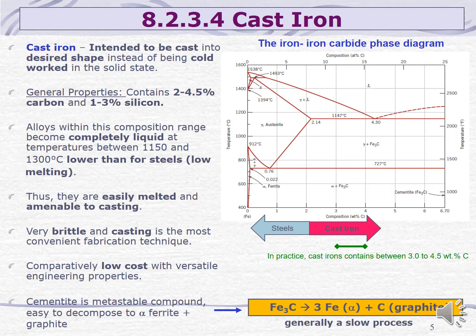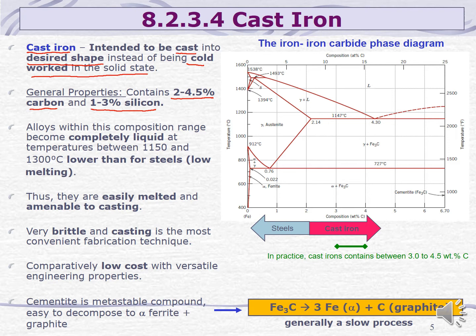Cast iron is the alloys which can be cast into desired shape instead of being cold worked in the solid state. Okay, it contains 2 to 4.5% carbon and 1 to 3% silicon.